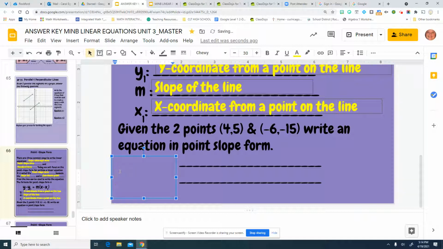So we should know that m equals 5 minus negative 15 over 4 minus negative 6. And we should know, well, double negatives, or double dashes, are going to become positive. So 5 minus negative 15 is going to equal 20.